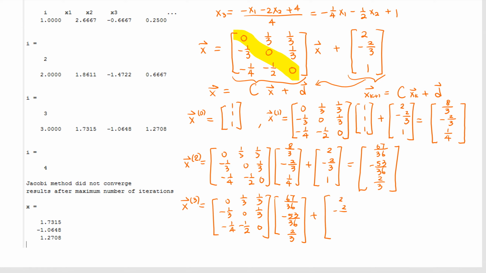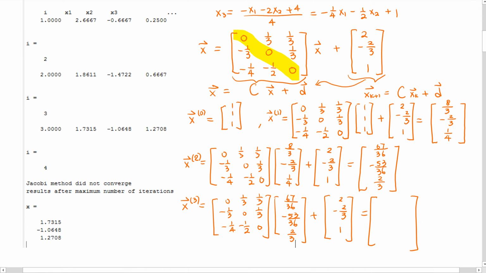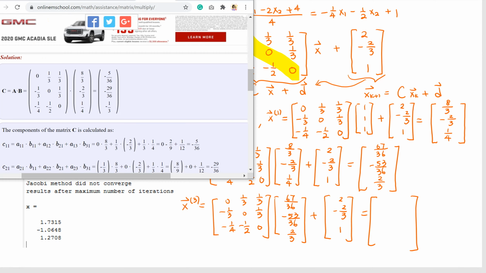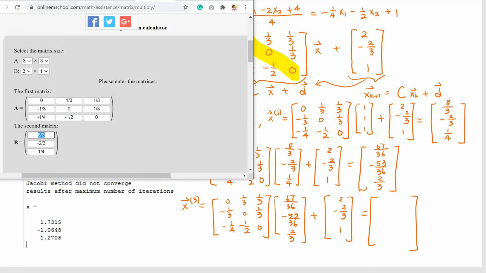Wow, the numbers are getting bigger. I might not be able to calculate by hand. Okay, let's see. So we change this vector to be 67/36, minus 53/36, and 2/3.